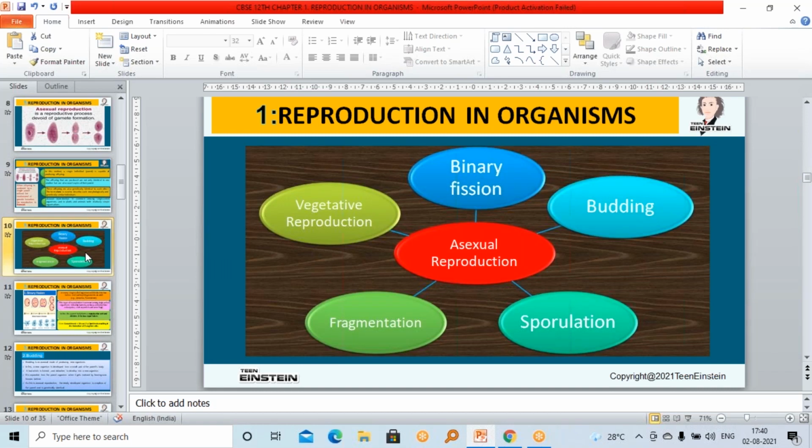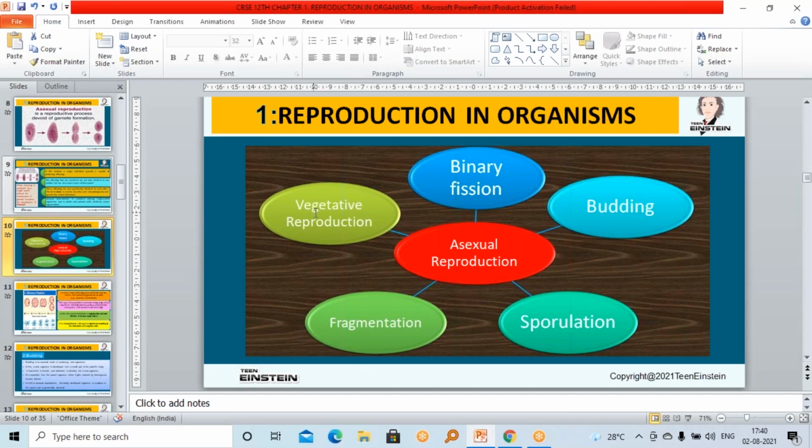That means all individuals produced are morphologically and genetically similar. Such individuals are called clones. So what are clones? Morphologically and genetically similar individuals are called clones. There is no variation. This asexual reproduction is common among single-celled organisms, and it is also seen in simple plants and animals.